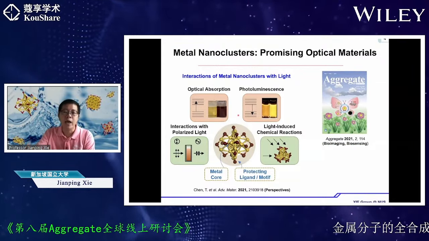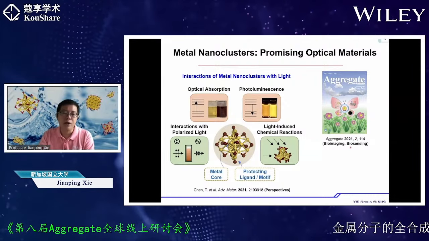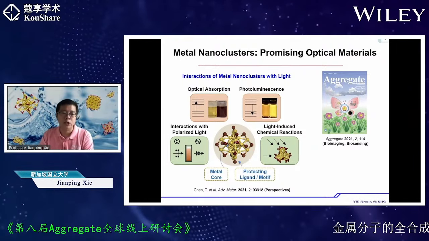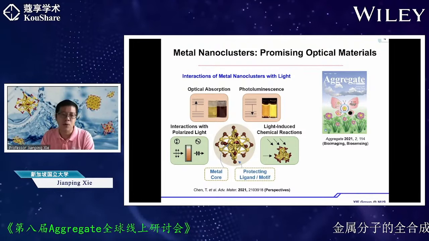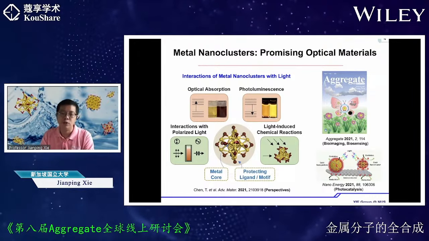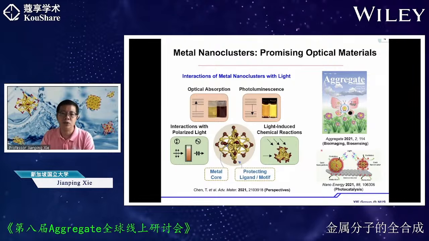We can then use the luminescence property, for example, for bioimaging and biosensing applications. Another property of noble metals is that they are very good catalysts. So we can combine the catalysis properties and the optical properties to design, like, photocatalysis, right? And that can be used for many applications as well.